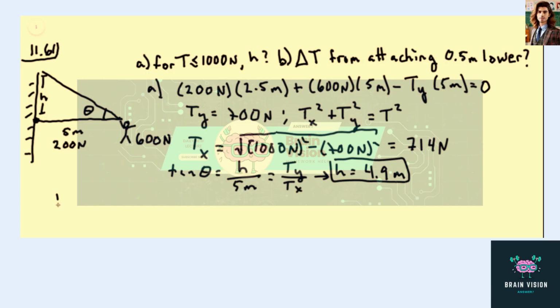Now here, in part B, we move it 50 centimeters down. The y component of the tension, this had nothing to do with what this height h is. So that's going to be the same.